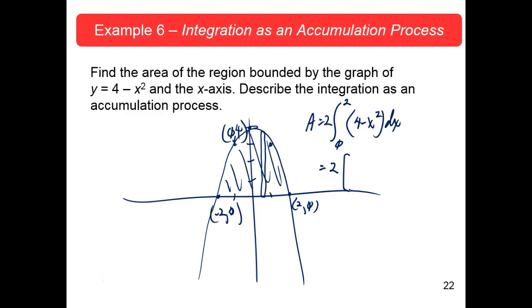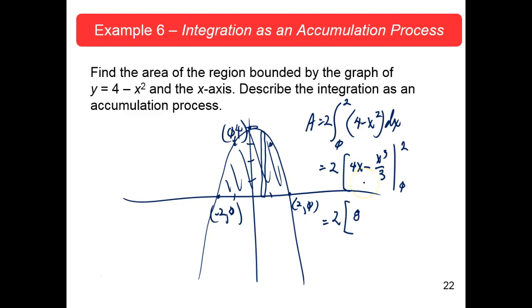What's the antiderivative of 4? 4x minus x cubed over 3, evaluated from 0 to 2. Don't forget the 2 out front, because that's what allows us to do that. So it'll be 2 times, what, 8?